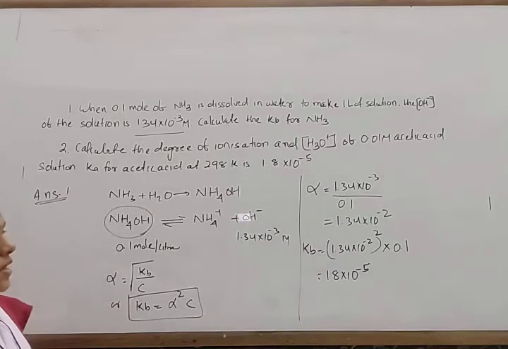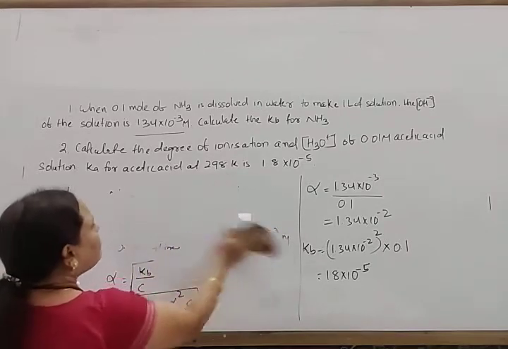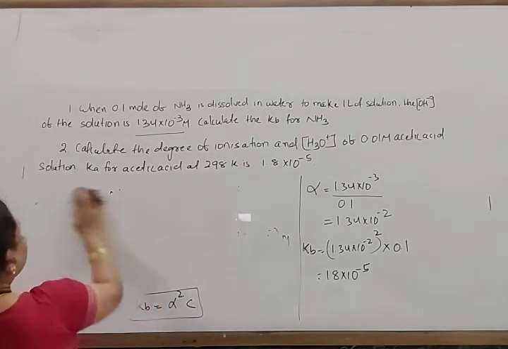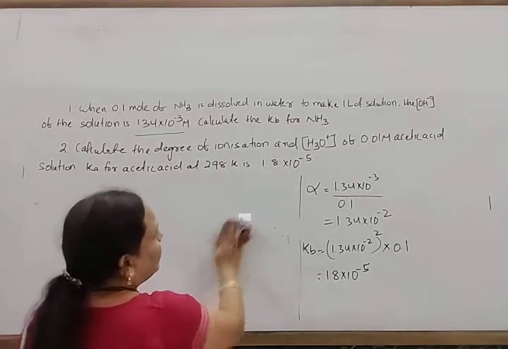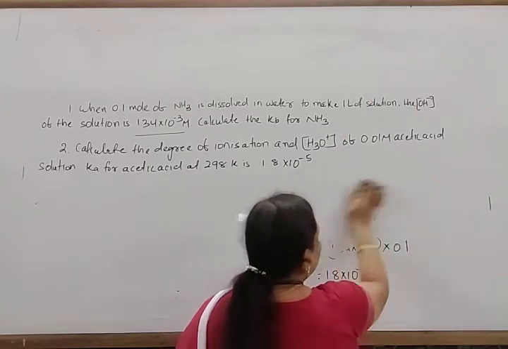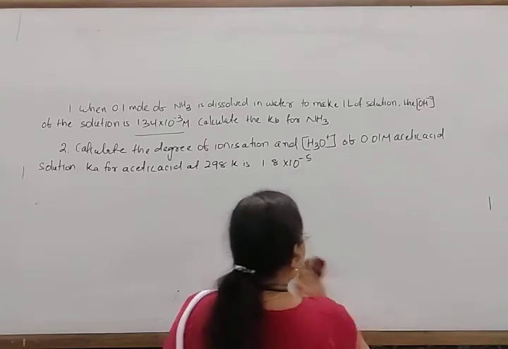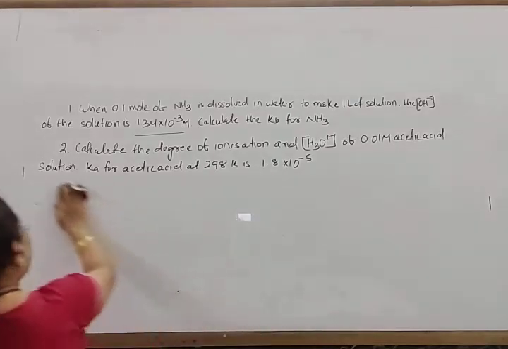Now let's come to question number 2. In question number 2, it is given: calculate the degree of ionization and H3O plus concentration of 0.01 M acetic acid solution.